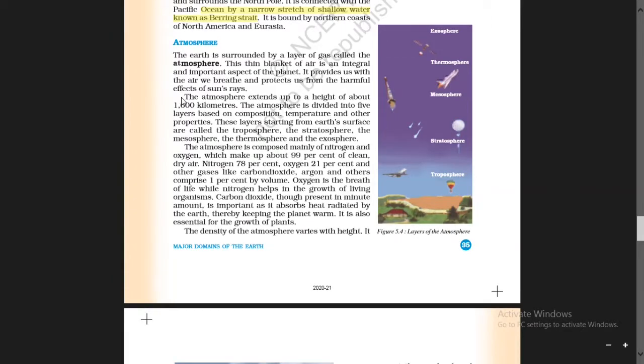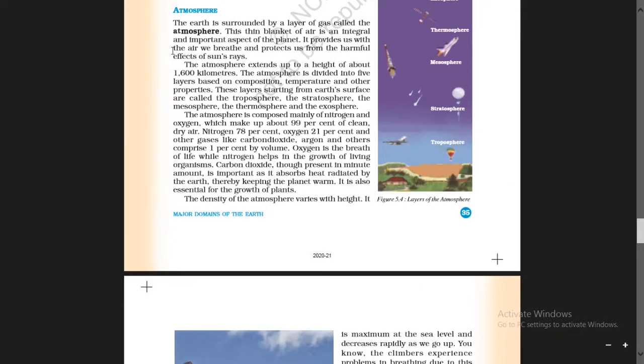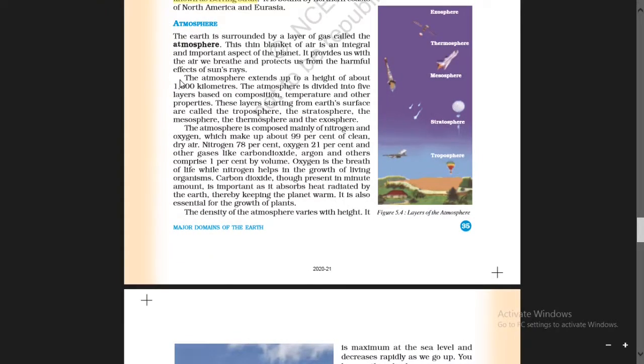It provides us with the air which is helpful for our breathing and protects us from the harmful effects of the sun's rays. If there were no atmosphere, the rays of the sun could fall directly on us, and it would not be possible to sustain life.